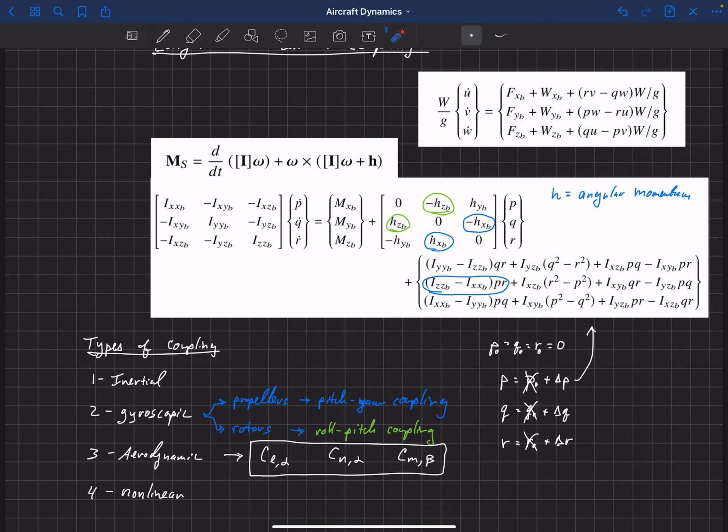Basically, if you're rolling at high speed and you get just a little bit of yaw, you suddenly have a large pitching moment. The problem with that depends on the aircraft. A lot of aircraft are very stable in pitch, so if they got some aerodynamic pitching moment, they may be able to recover depending on their pitch stability derivative.